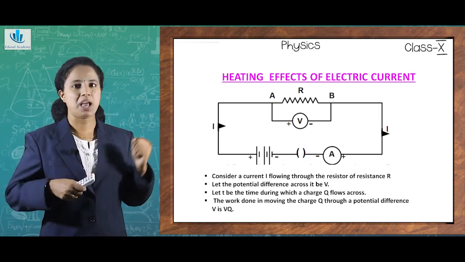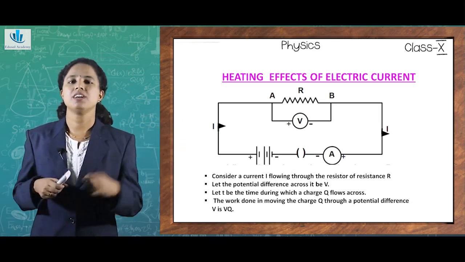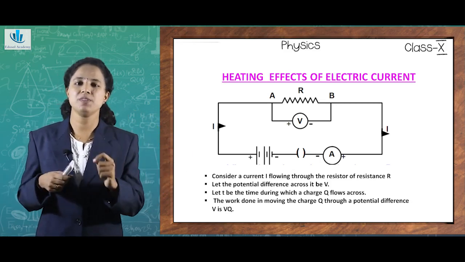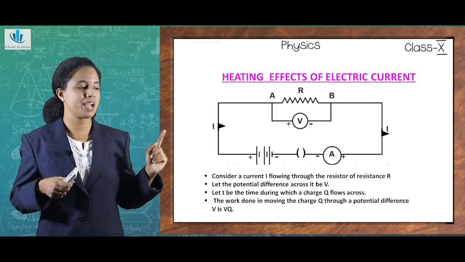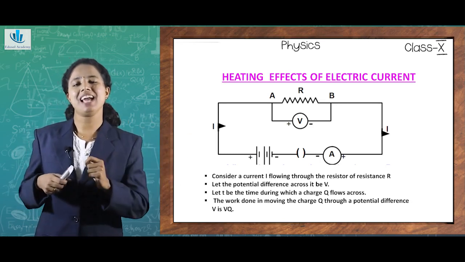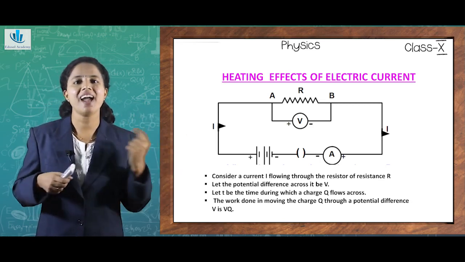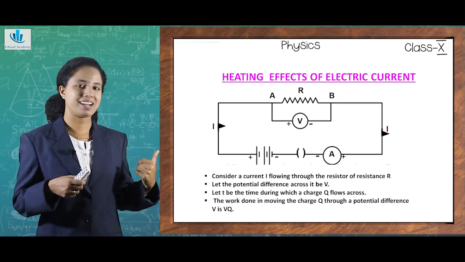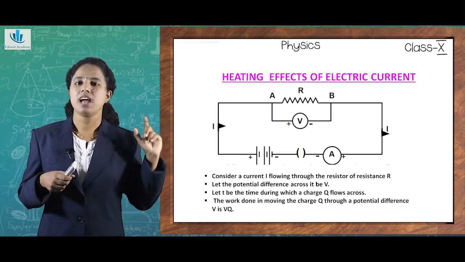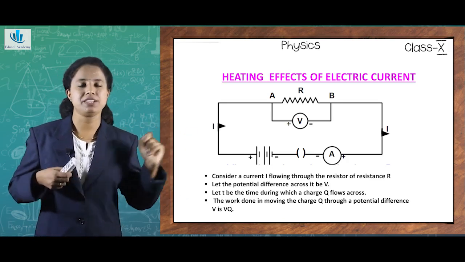There are two ends A and B, and across the two ends I have connected my voltmeter to measure the potential difference across A and B. Through the circuit there is current I flowing. Also, I have connected a cell with plus and minus ends, along with a key and an ammeter.